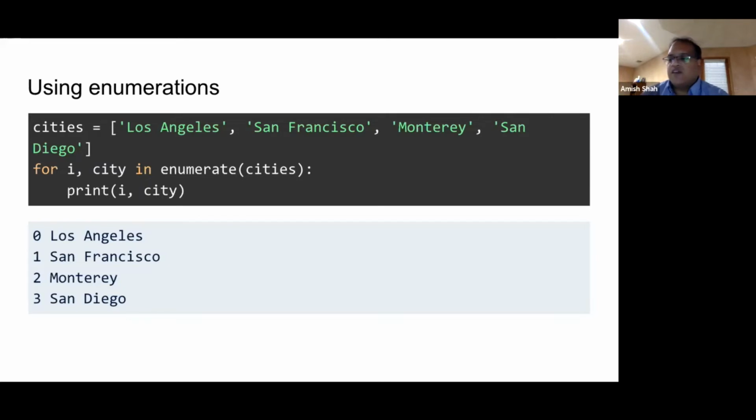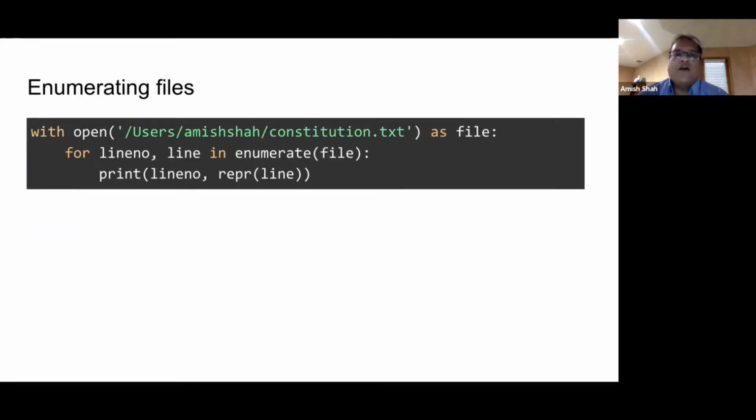An enumeration can take an iterator and return both the index and the object. This is really powerful because enumerate only takes iterators as a parameter. So we can take something like a file and actually print out line numbers for each line.